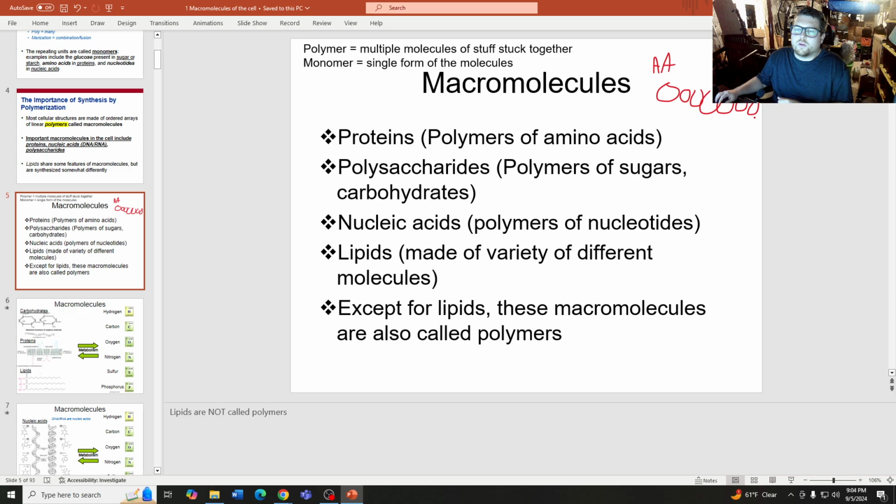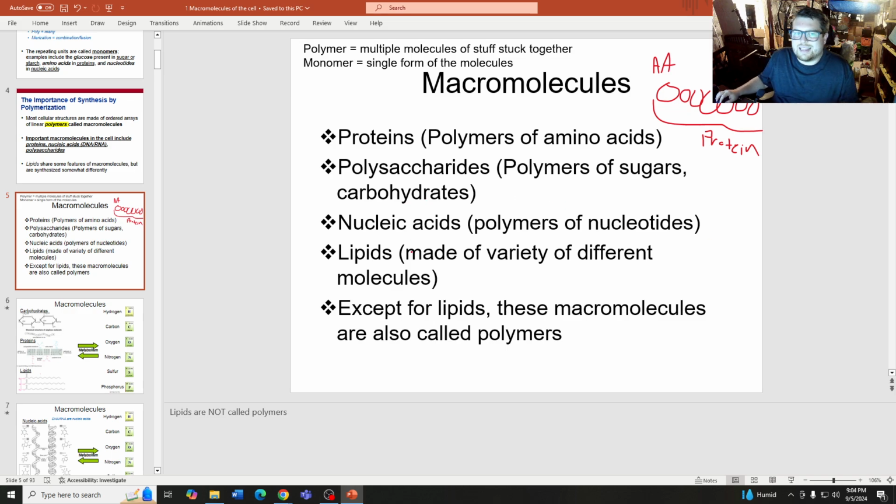In the real world, we're stringing together hundreds, if not thousands of these. Then the whole thing eventually becomes a protein. It's a little bit more complicated than that, and we will walk through the whole process in future parts of the material. Polysaccharides, polymers of sugars or carbohydrates.